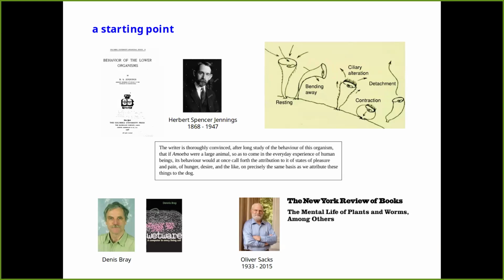And in particular, around the turn of the 20th, about 1900, he summarized much of his work in a book on the behavior of the lower organisms. And this is an amazing book. He describes many remarkable experiments, but one experiment in particular was on a unicellular eukaryote, one of the clade of ciliates.